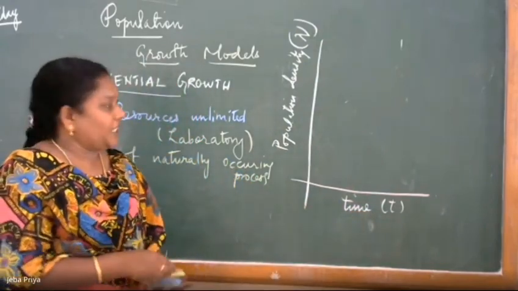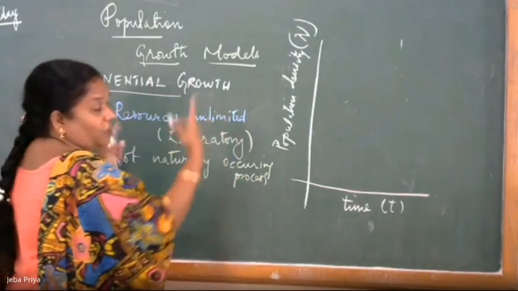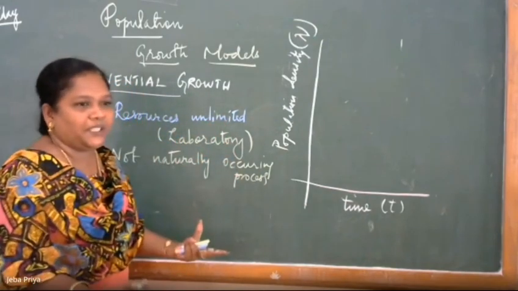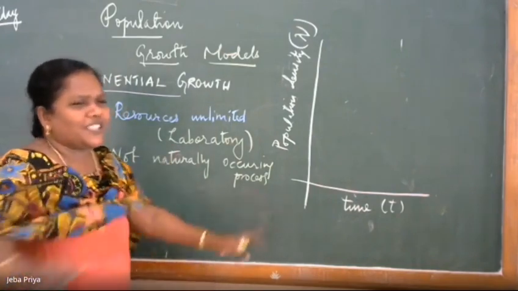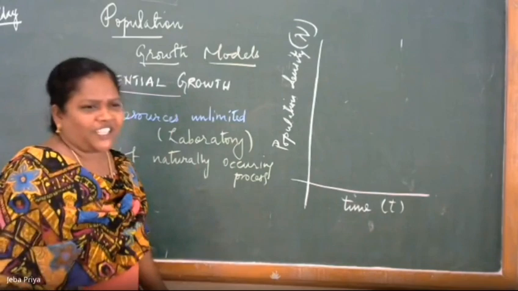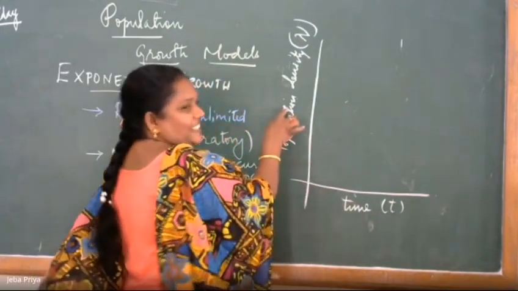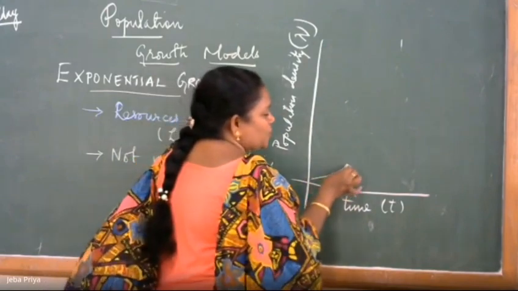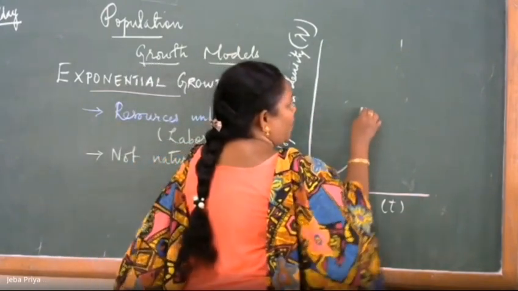When you plot the graph, you can see growth in the population because the resources are unlimited. The organisms start reproducing to their maximum capacity because all the resources are available, with nothing in shortage. So when you plot the graph against t and density, the population goes on increasing more and more.